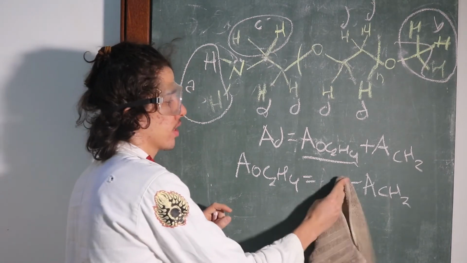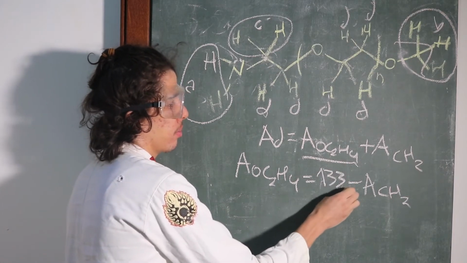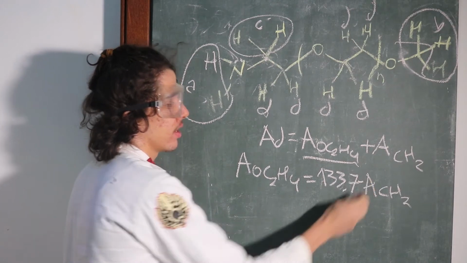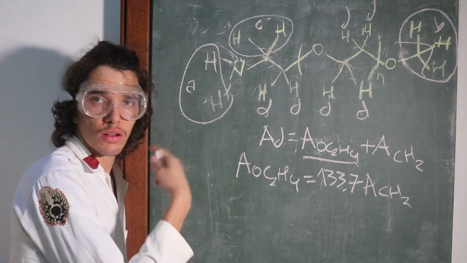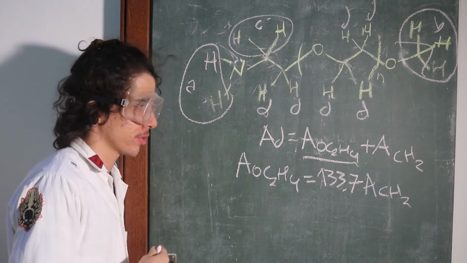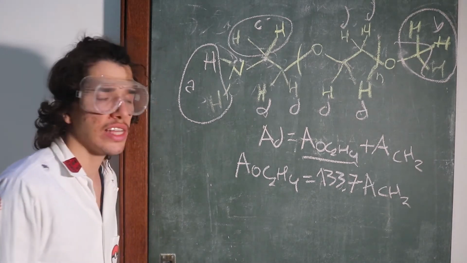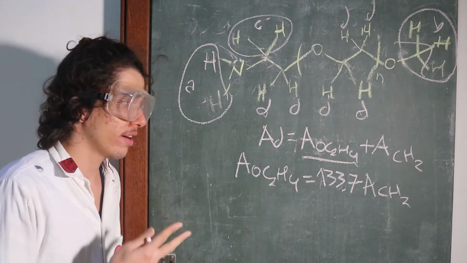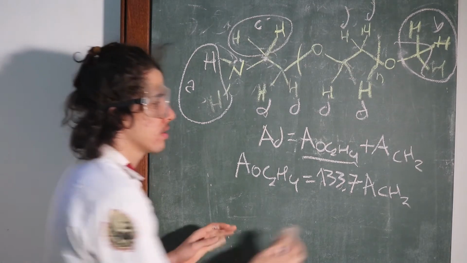A_D is 133.7. You can see this on the table I made earlier. Okay, and for this area of CH2 there are 2 hydrogens, so we can assume it's 0.6.